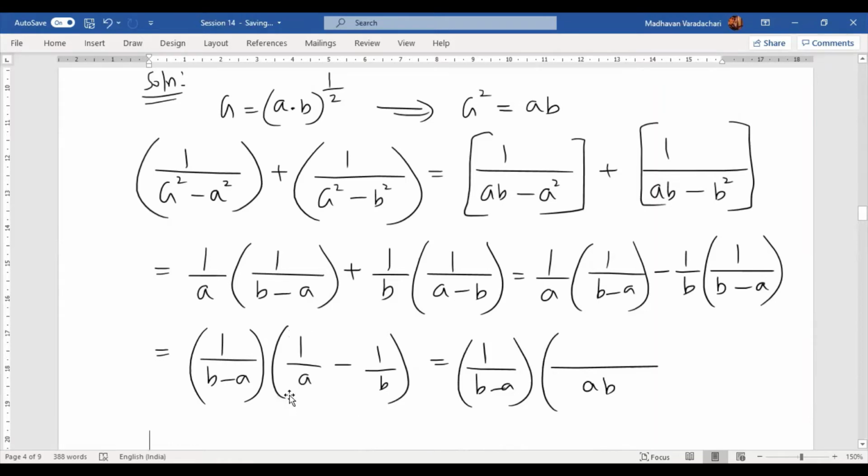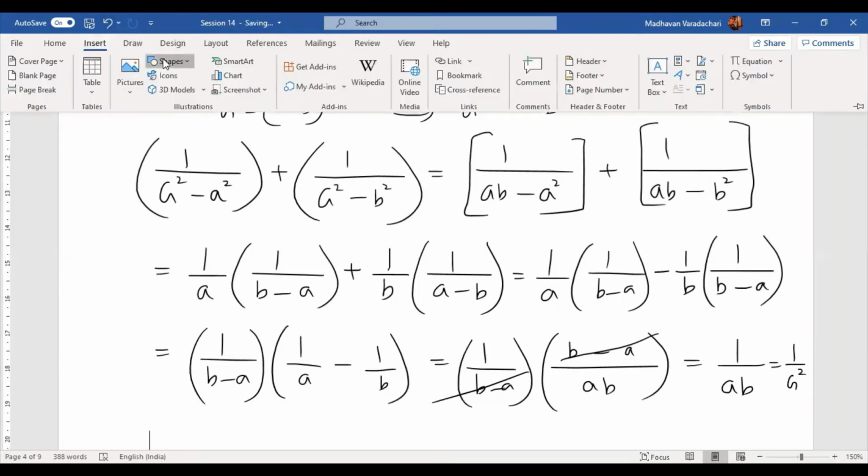So this B will go here, A will go here. So here we have B minus A. Now this is also B minus A in the denominator. Here in the numerator B minus A. I can cancel this and this. The result is 1 by AB. Now what is AB? AB is nothing but G square. So I can simplify this to 1 by G square. So that is the solution for this problem.